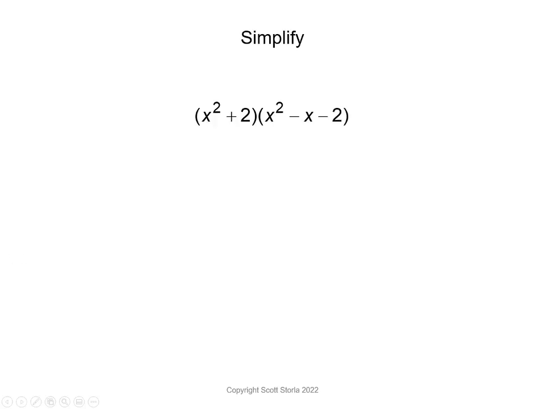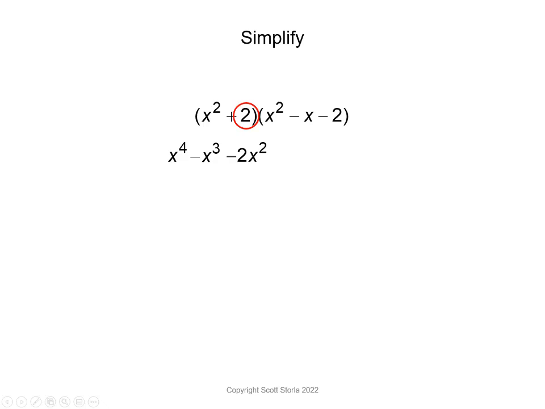For example, if I was going to multiply these two polynomials, I'd start with the first term in the first factor. I'd multiply it to x squared to get x to the fourth. I'd multiply it to negative x to subtract the x cubed. And I'd multiply it to the subtract 2 to subtract a 2x squared.